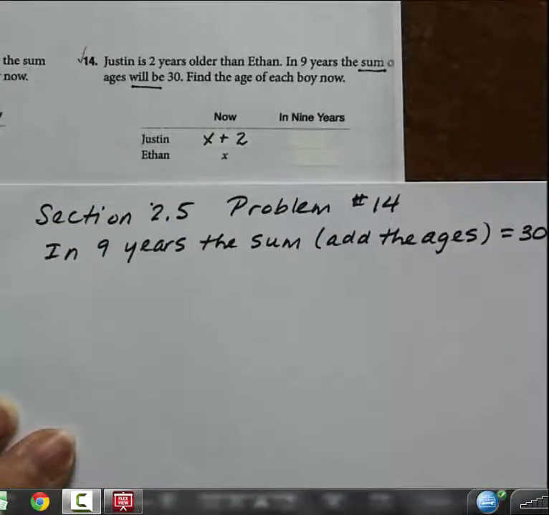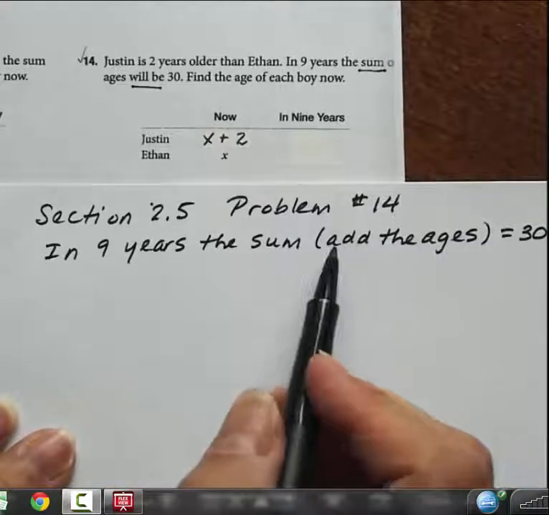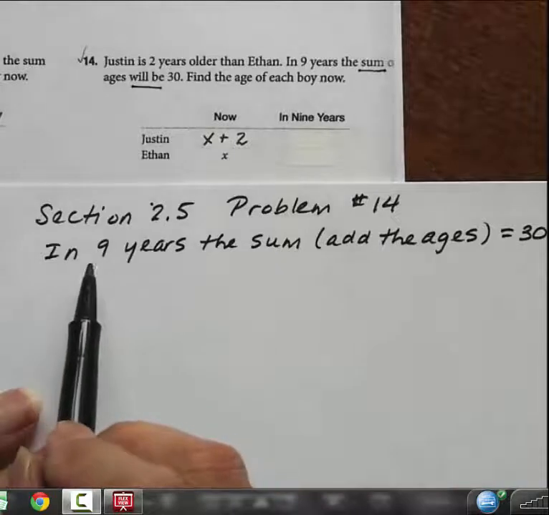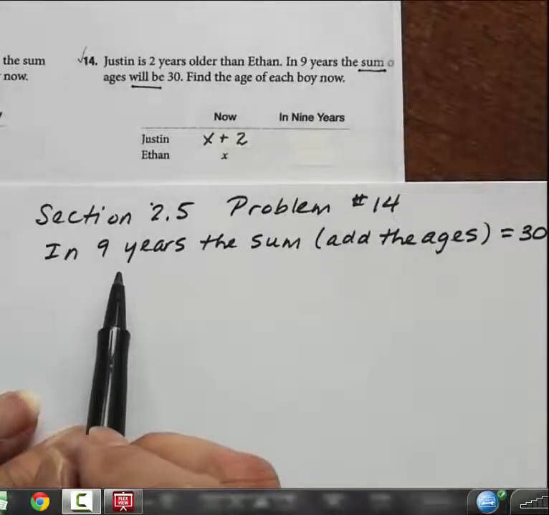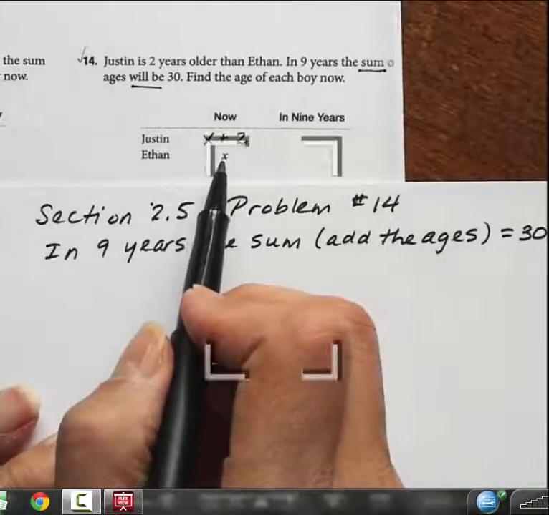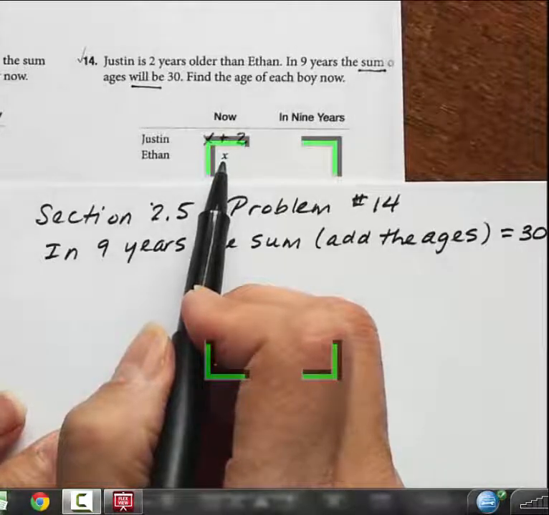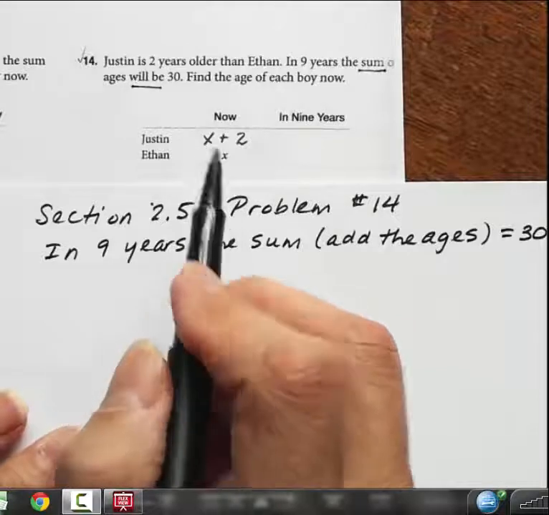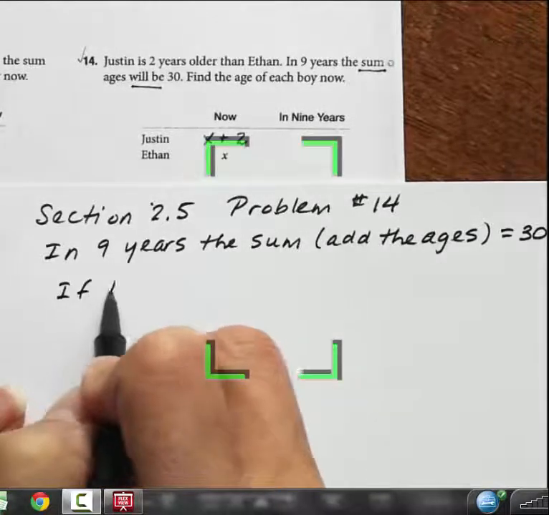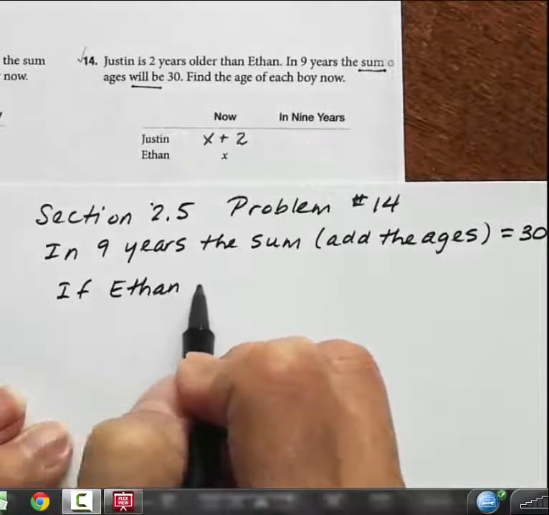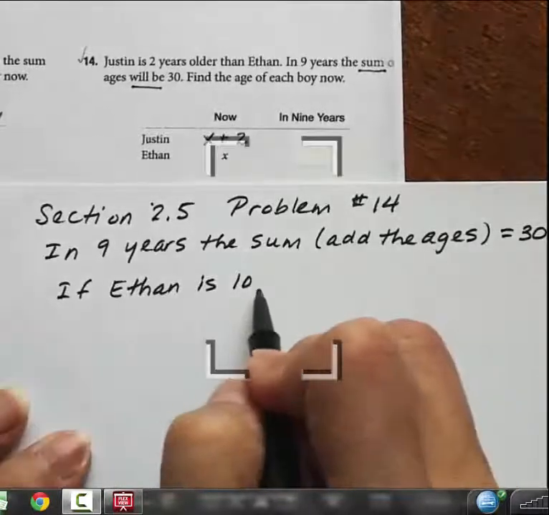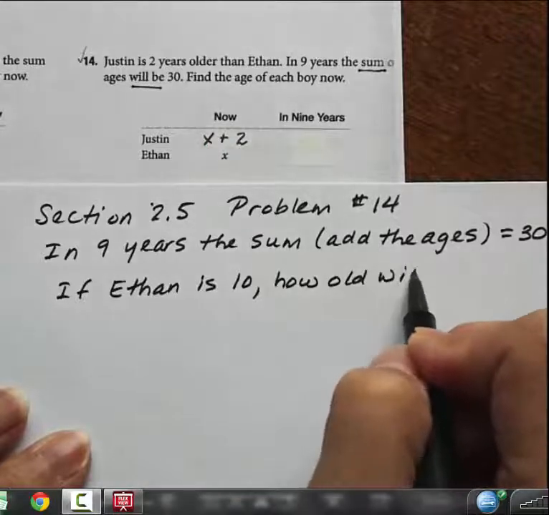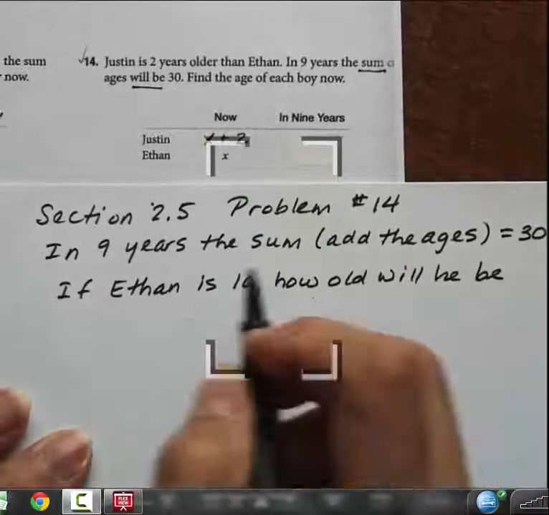So in 9 years, the sum of their ages, so we're going to have to add their ages together, is going to be 30. So what I need to know is, what are their ages going to be in 9 years? Well, if Ethan is 10 right now, how old will he be in 9 years?